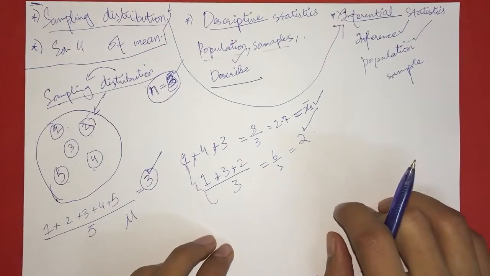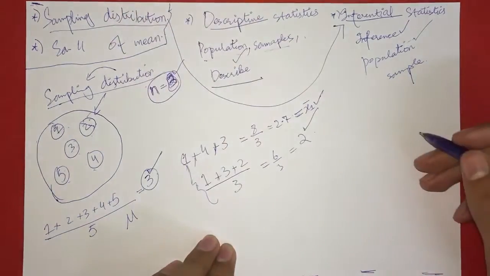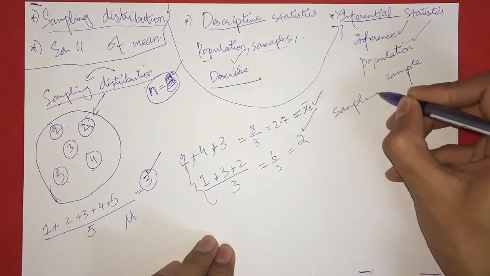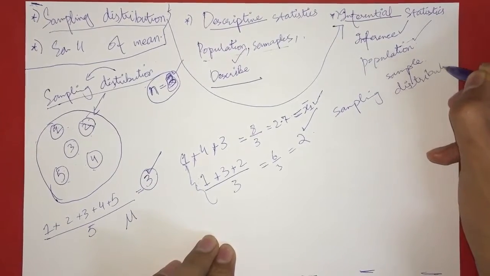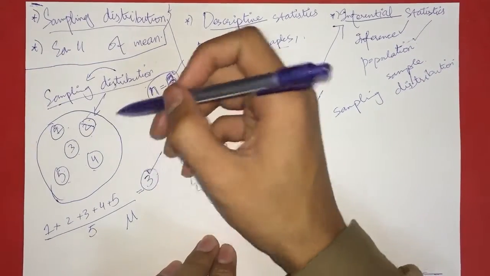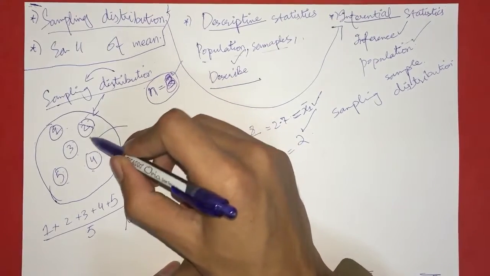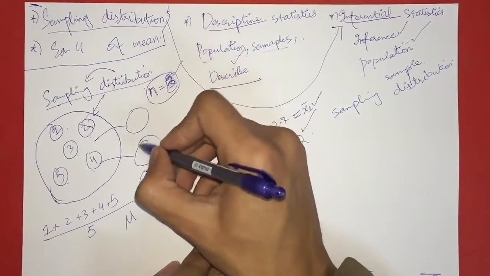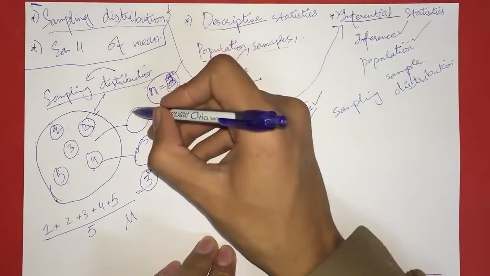So first let's jump right to our sampling distribution. As I stated earlier, sampling distribution is when you take out different samples from the whole population, and then you find the statistic of these samples.